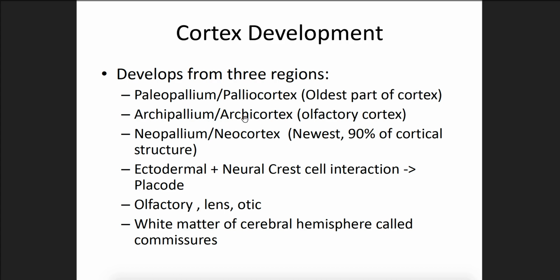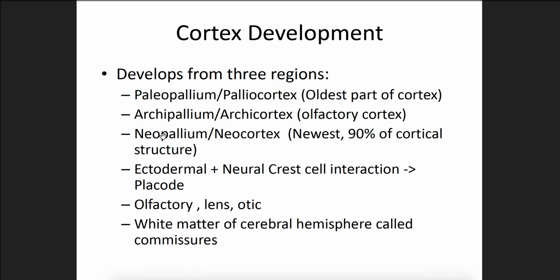Archipallium or archicortex is the area around the olfactory cortex. And the neopallium or the neocortex is the newest form of cortex, and 90% of the structure of the cortex is derived from neopallium.